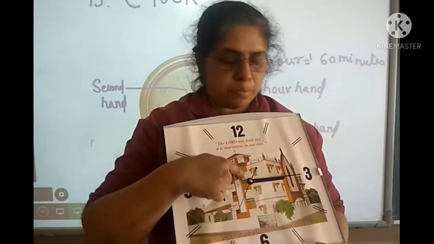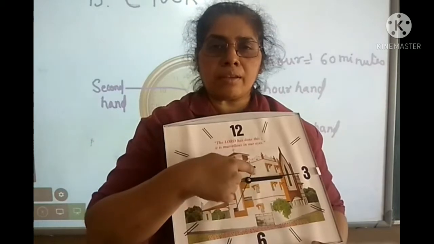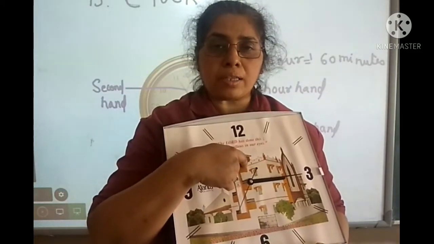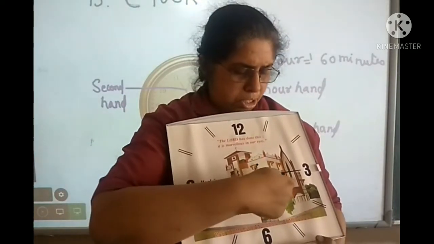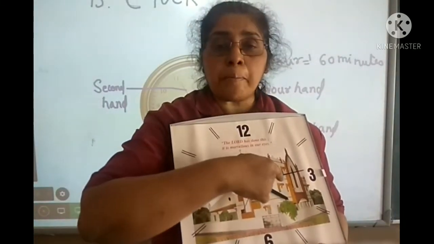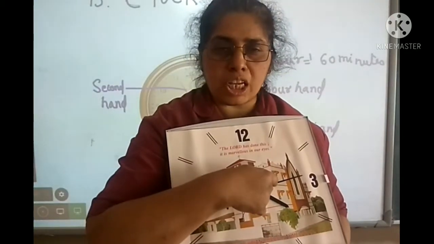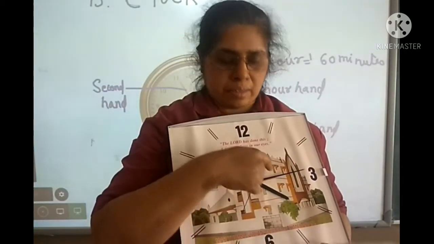Now our hand is between 3 and 4 and the minute hand is on 3, that is quarter past 3, 3:15. Whenever the minute hand is on 3, that is quarter past.